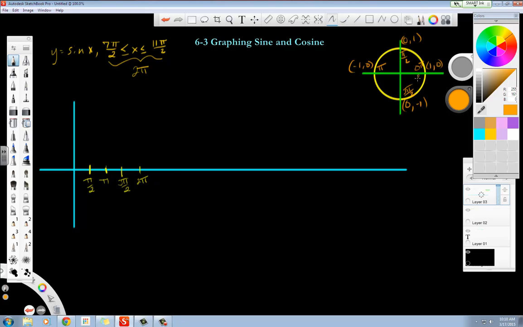I'm going through that really quickly, and then of course 2 pi. So this is going to keep repeating, and this is a sine wave, which means that these points here are of the form cosine theta, sine theta, so we're going to be using the y values, 0, 1, 0, negative 1, and back to 0.